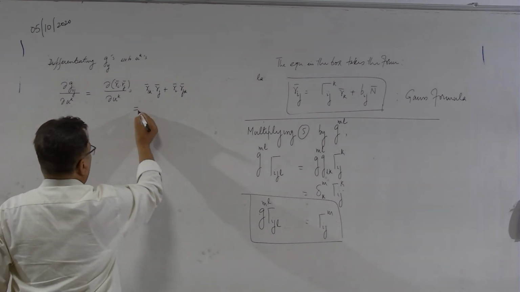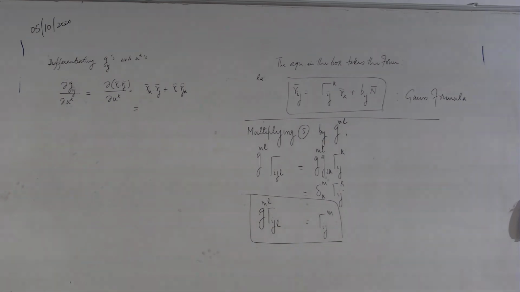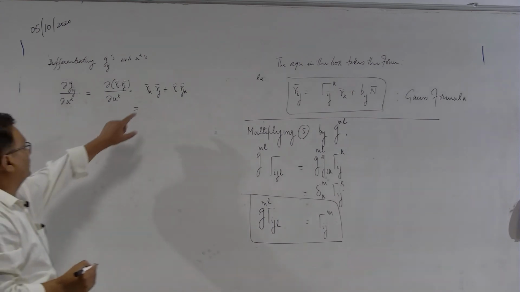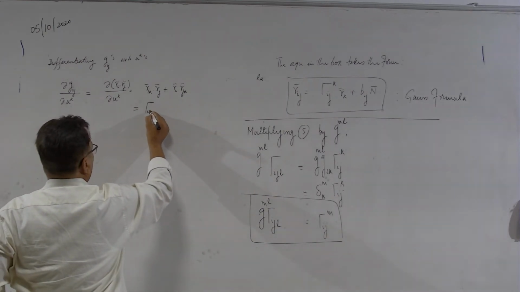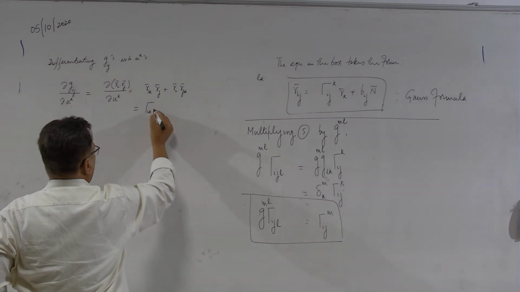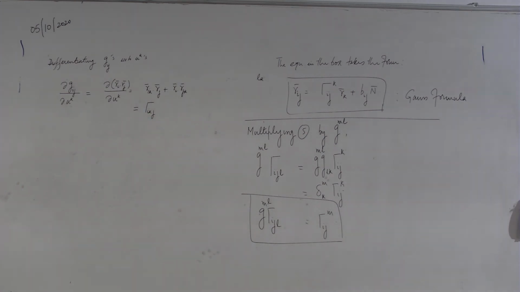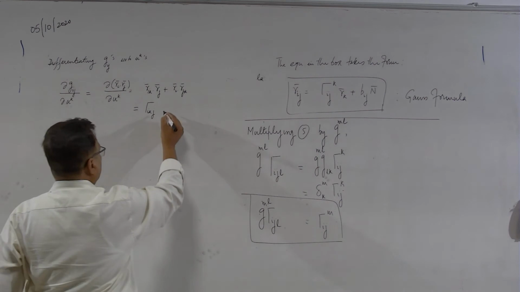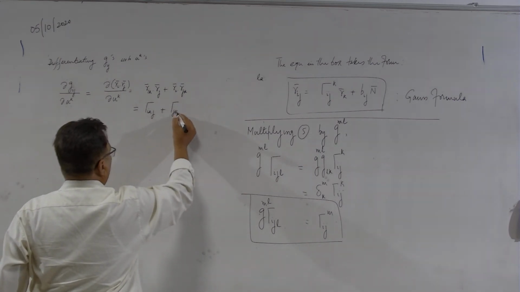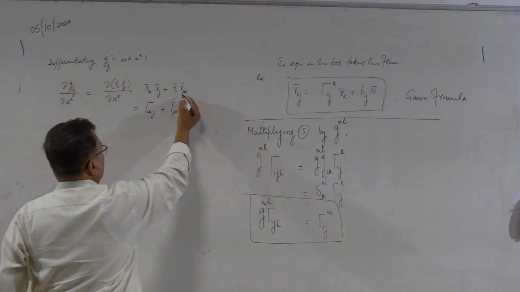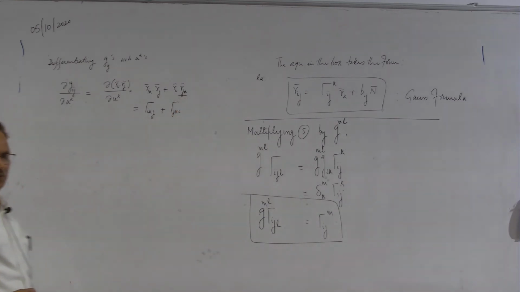Now, you recollect the definition of Christoffel symbols of first kind. So, the first term in the right side will be ik,j, Christoffel symbol of first kind. The second one is jk,i, because this we read first. Okay.